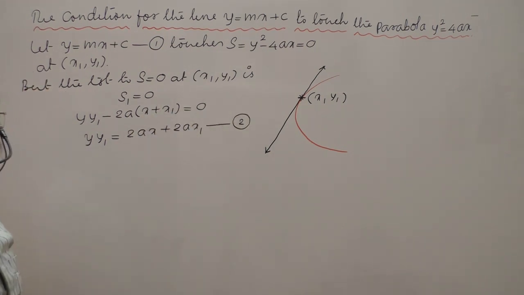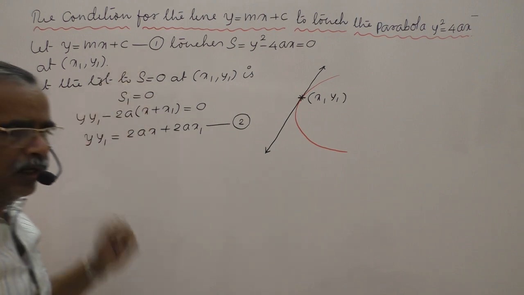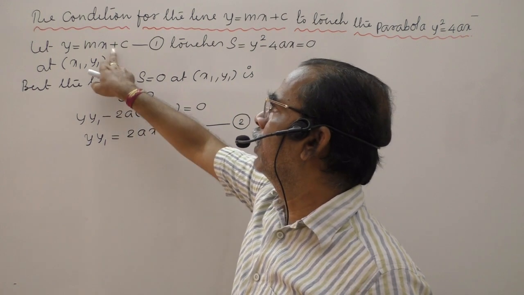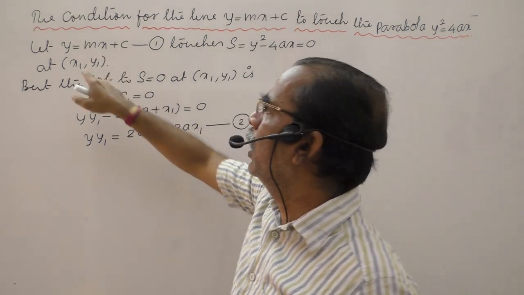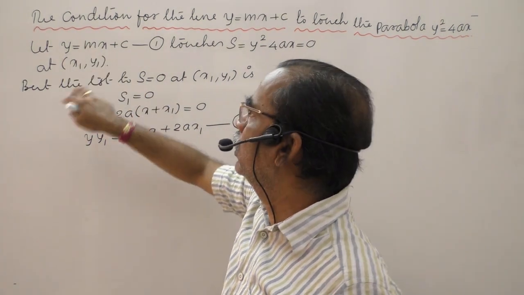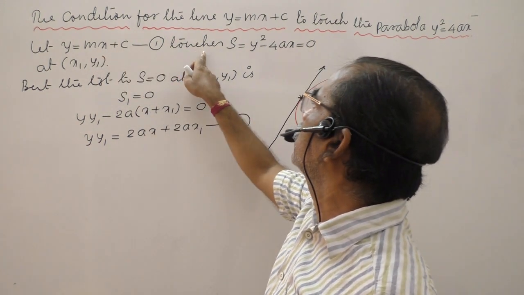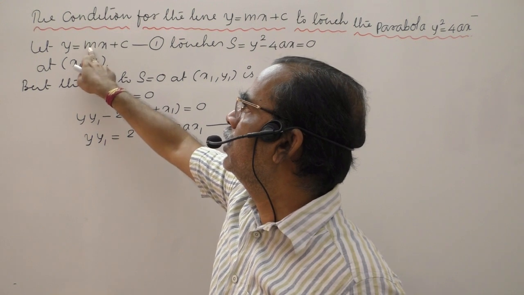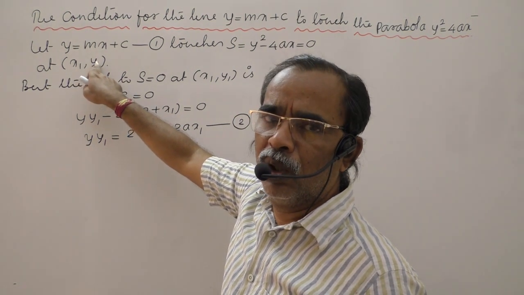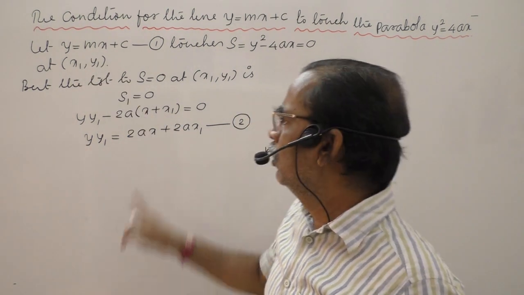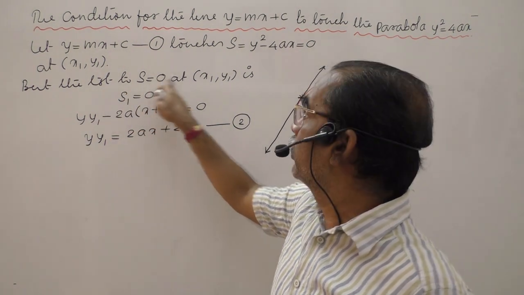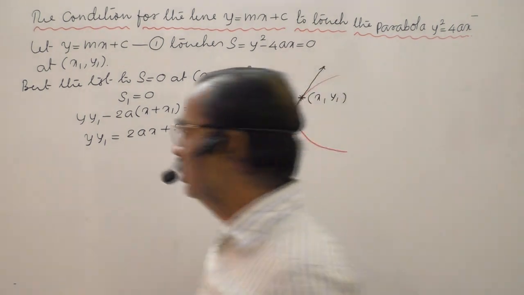Now you please see. Is there any relation between equations 1 and 2? What is 1? 1 is the given line, and we have supposed that line 1 is touching the parabola at x1, y1. That means it is a tangent to the parabola at x1, y1. What about 2? This is also a tangent to the same curve at the same point.